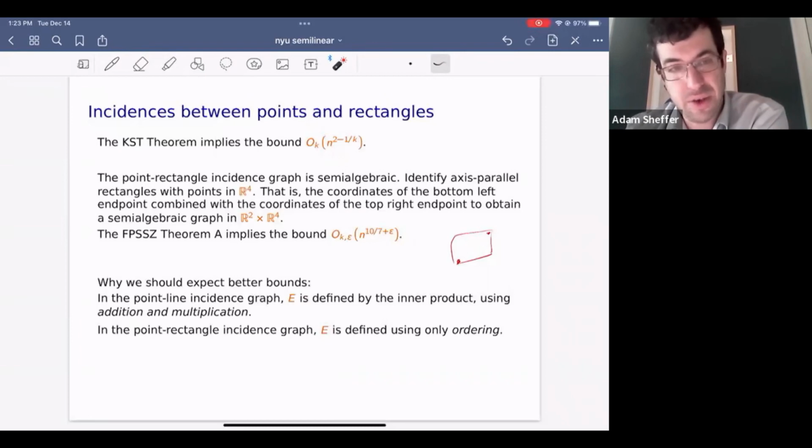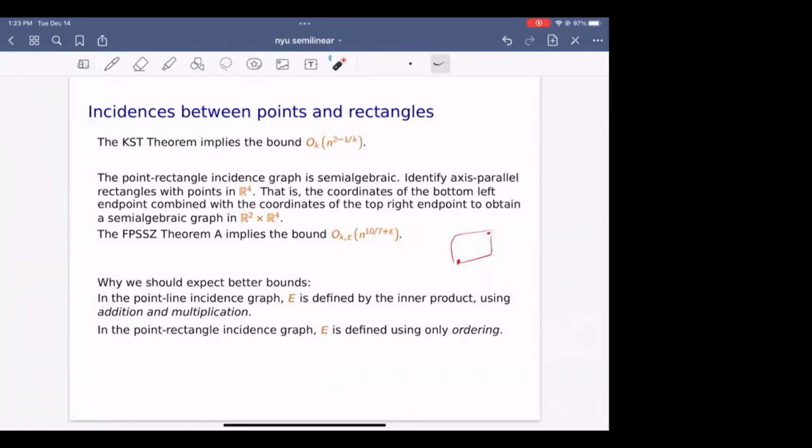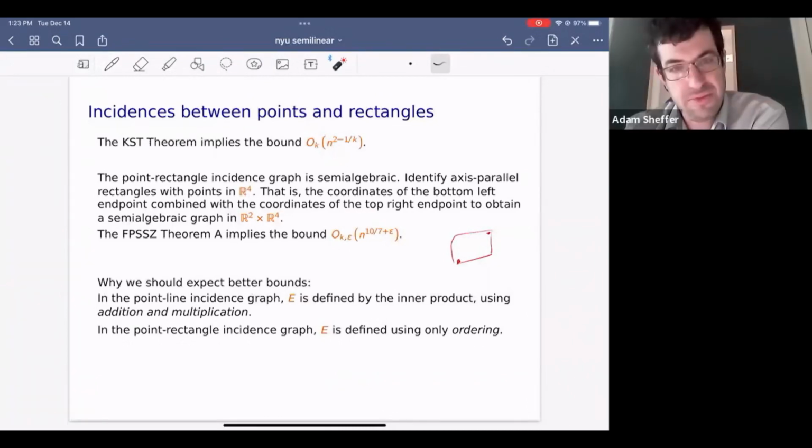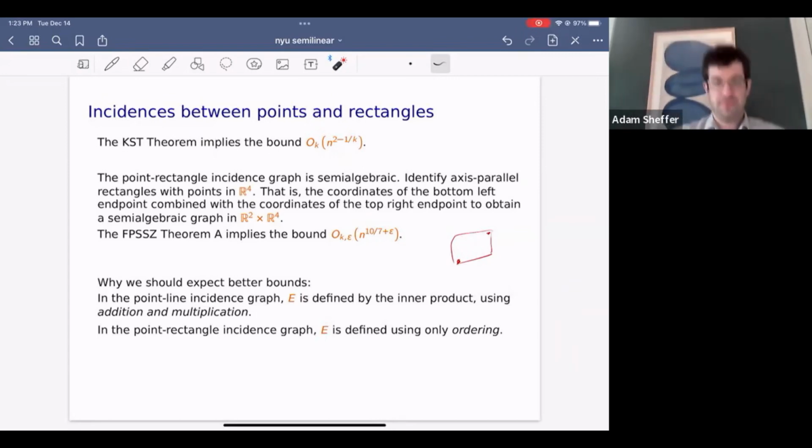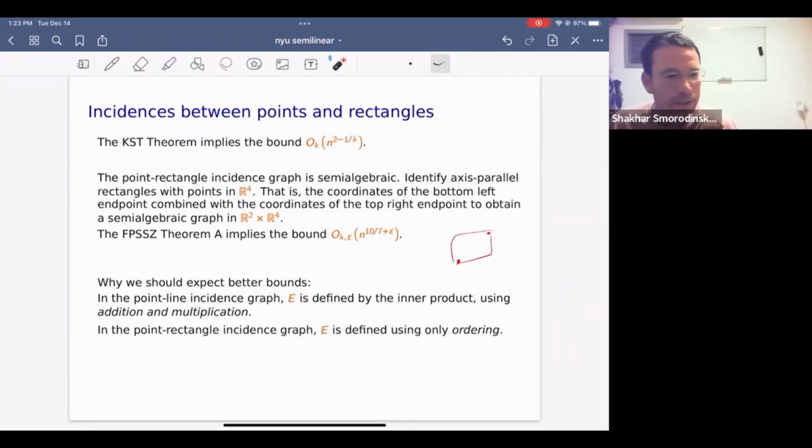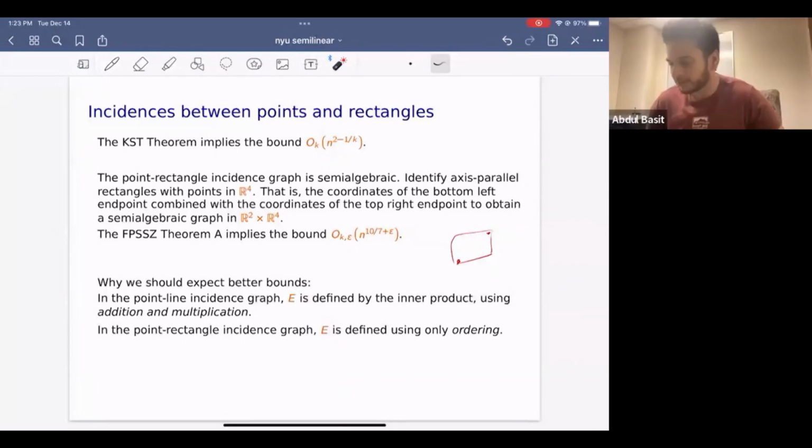Both dimensions matter. But the rectangles are not so important. No, not at all. Right, it's already taking it to the o-minimality setting. The rectangles and the ordering become more important in our result, I think.